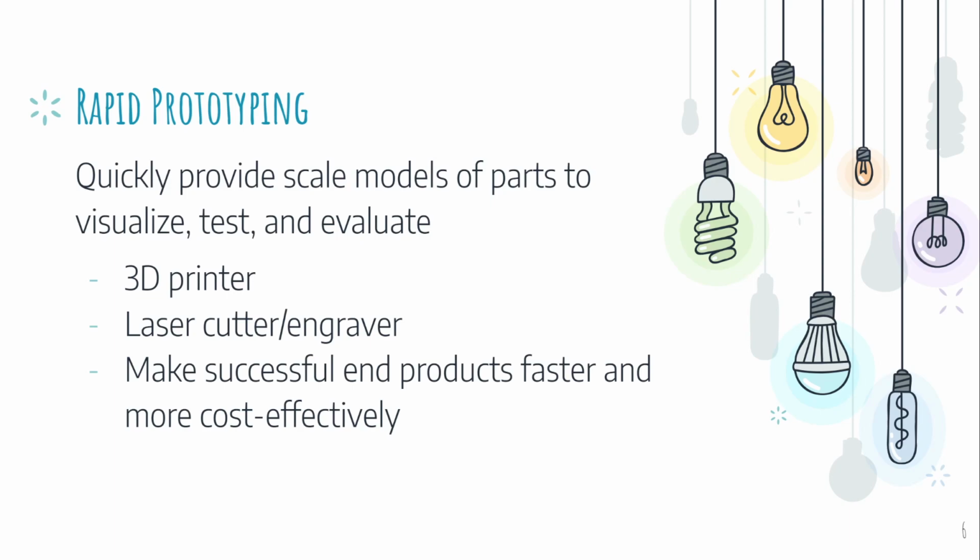So maybe not the official end result product, but a prototype or a model of a building or a product to just visualize it physically, to maybe test the ergonomics of it, which is just how a person interacts with it, holds it. Is it comfortable? Is it easy to use? And just evaluate a design a little bit.